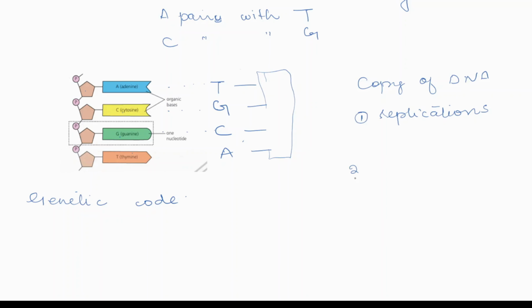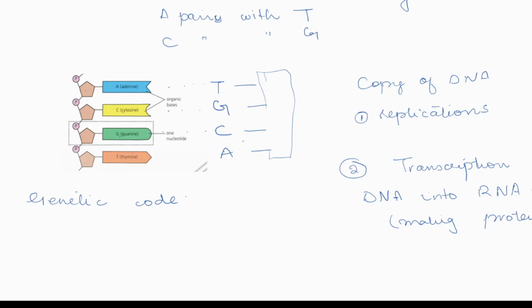Step number 2 is transcription, which is not given by your book. This is the conversion of DNA into RNA, and this is a very important process for making protein, because protein is made from RNA, not DNA.